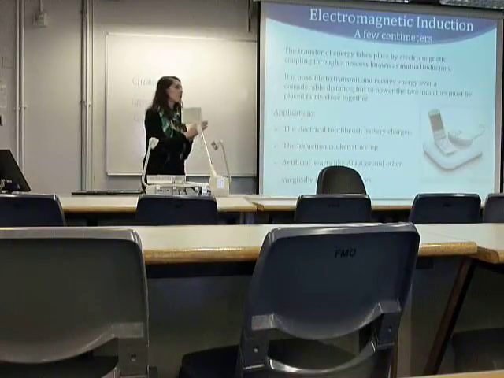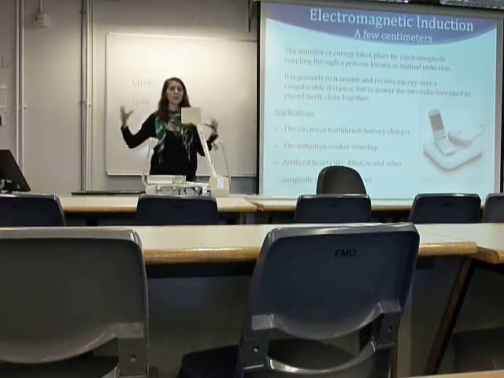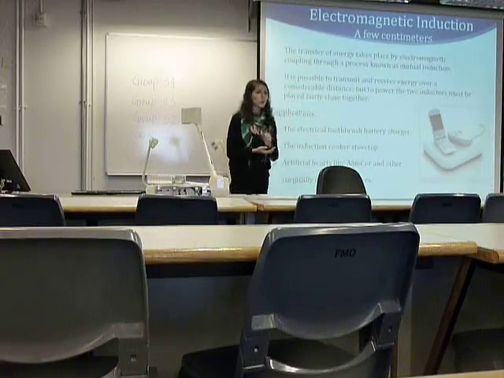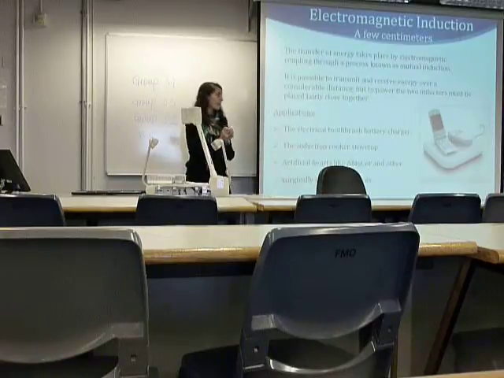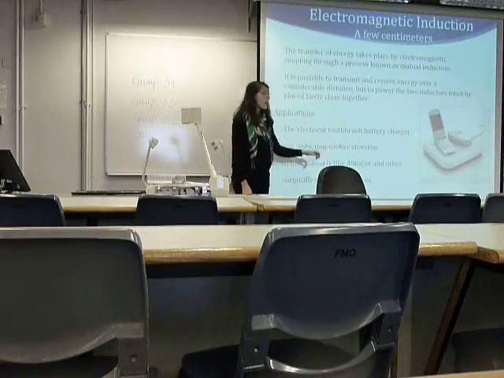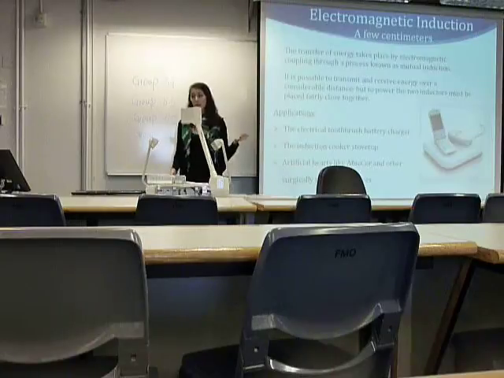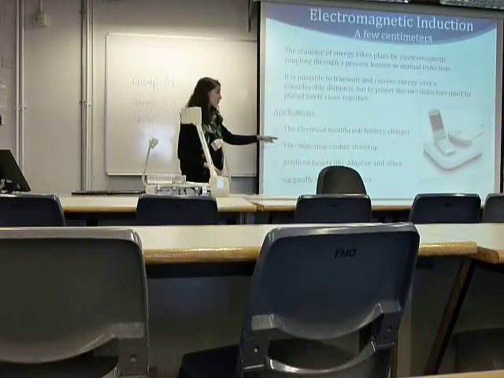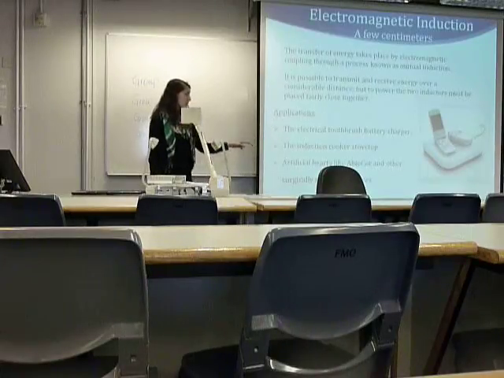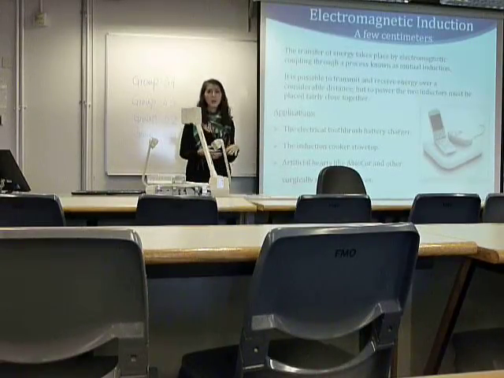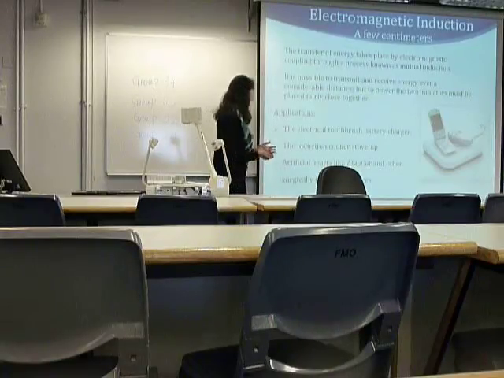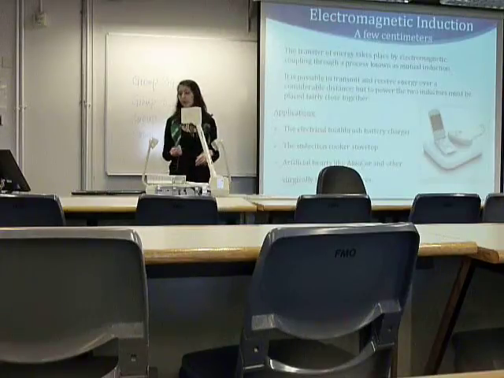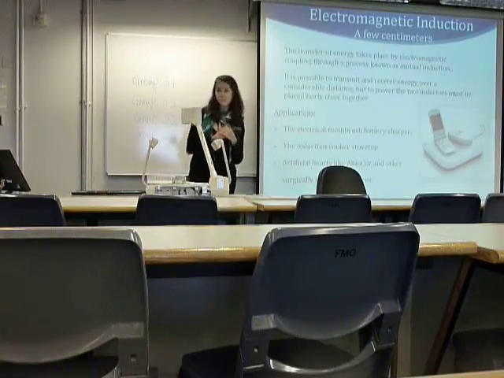I mentioned that it's possible to transfer energy over longer distances, but in this case, to power the two inductors, they must be really close together, like in the photograph. There are current applications of this method, like the electric toothbrush battery charger, the induction cooker stovetop that most of us have in our apartments, and the artificial heart and other surgically implanted devices.